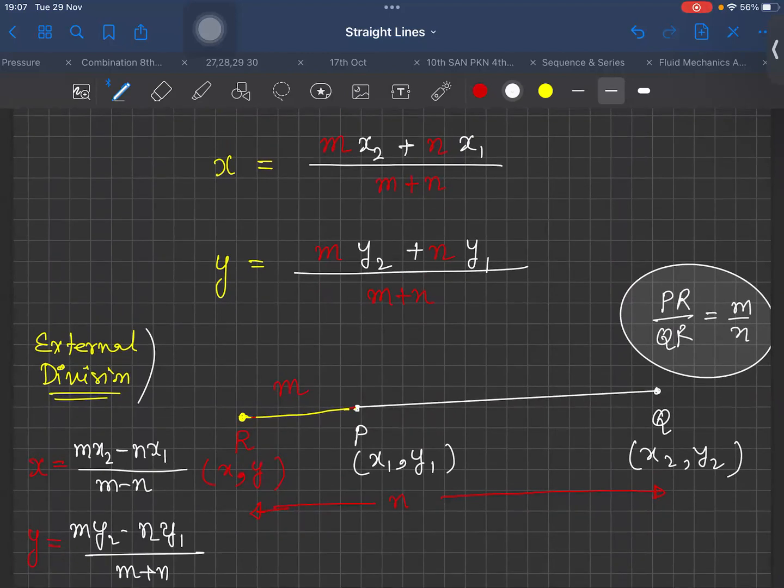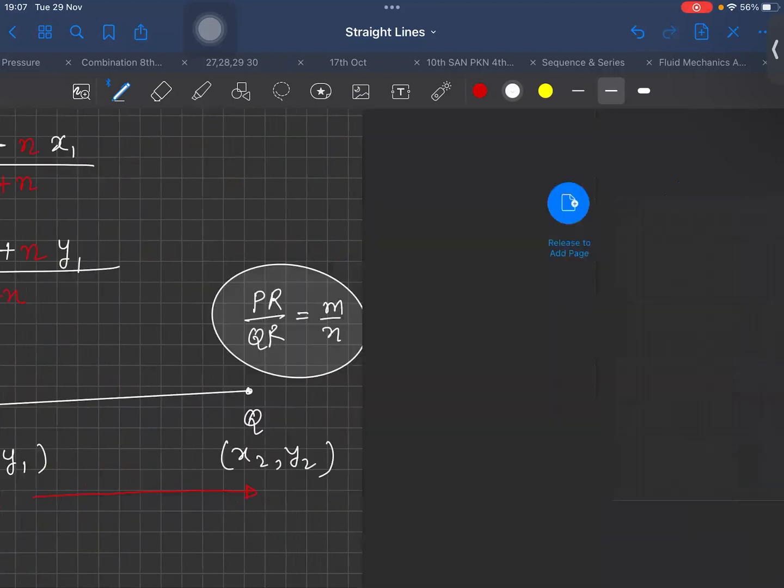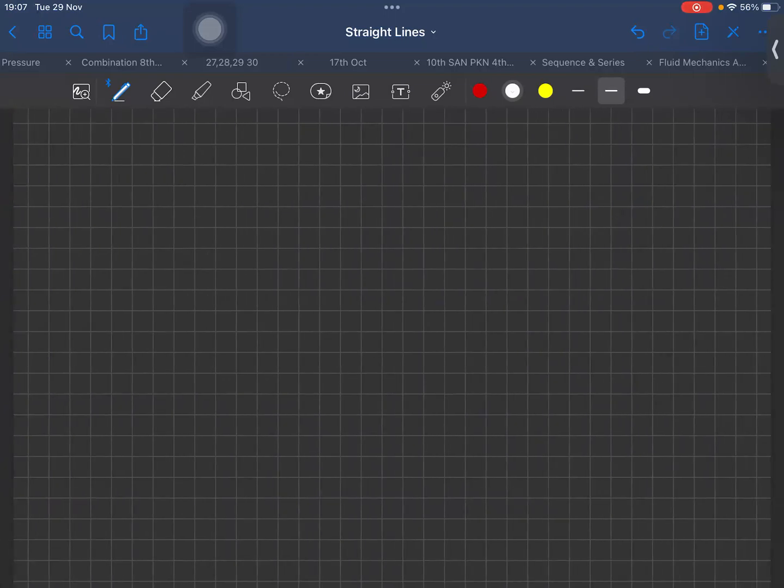Again, I'm not going to give you any problems because this is just a revision. I'm just trying to shortlist all the formulas. That's it. Okay, what do you mean by centroid of a triangle? Centroid and incenter. There are two terms, right? Centroid of a triangle.